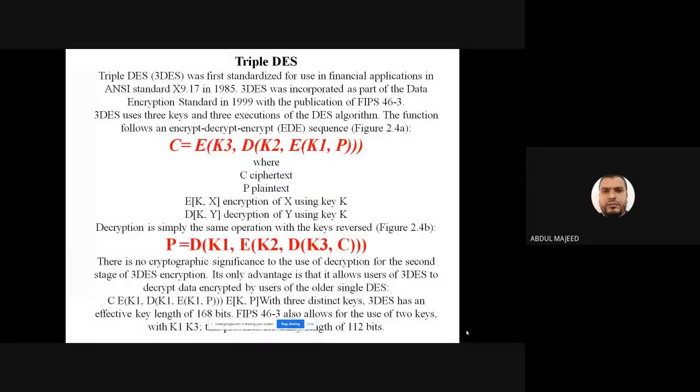C equals E of K3, comma D of K2, comma E of K1, comma P. Open and close the brackets accordingly. So first encrypt P with K1, then decrypt the process with K2, then again encrypt the process with K3. This is the mathematical representation of encryption and decryption. Okay, two things.